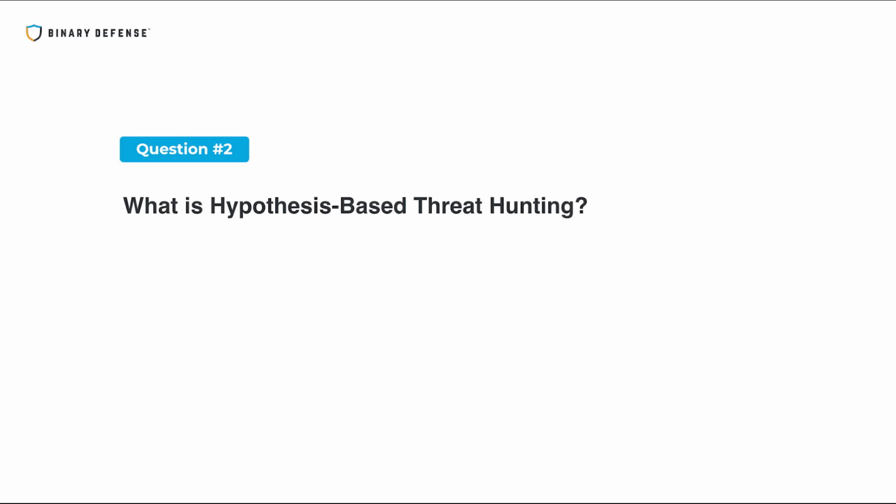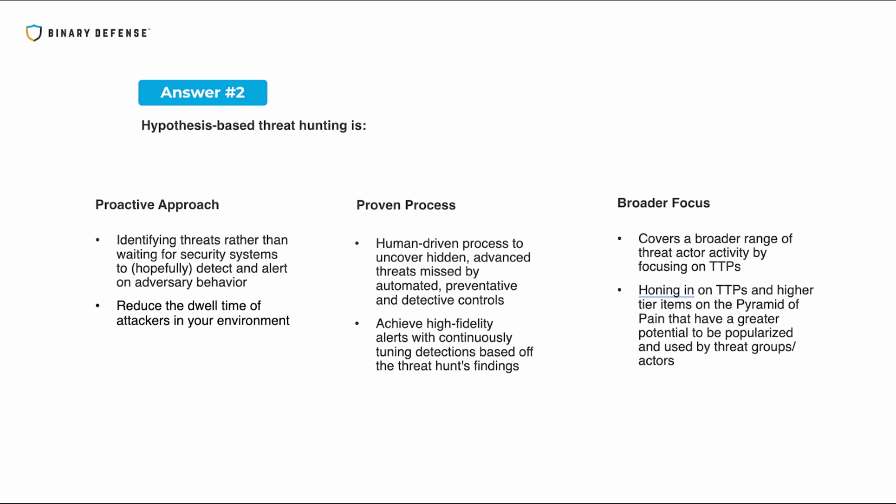Now that we know what analytical threat hunting is, let's talk about what hypothesis-based threat hunting is. Hypothesis-based threat hunting is a proactive approach. You can identify threats rather than waiting for security systems to hopefully detect and alert on the adversary's behavior. It can also reduce the dwell time of attackers in your environment, and it's a proven, human-driven process to uncover hidden advanced threats missed by automated preventative and detective controls.